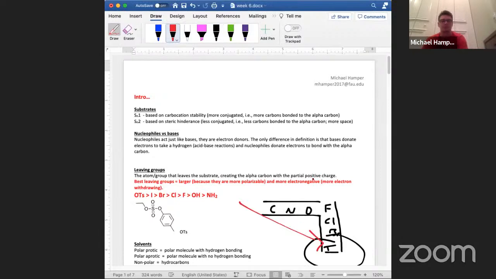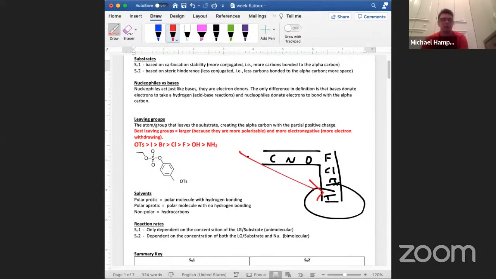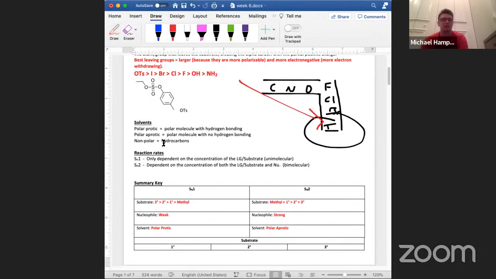Cool. So polar protic, polar aprotic. A lot of people confuse this. If you're non-polar, you're non-polar, just carbons with hydrogens or something that's not electronegative with hydrogens, which should often be hydrocarbons.